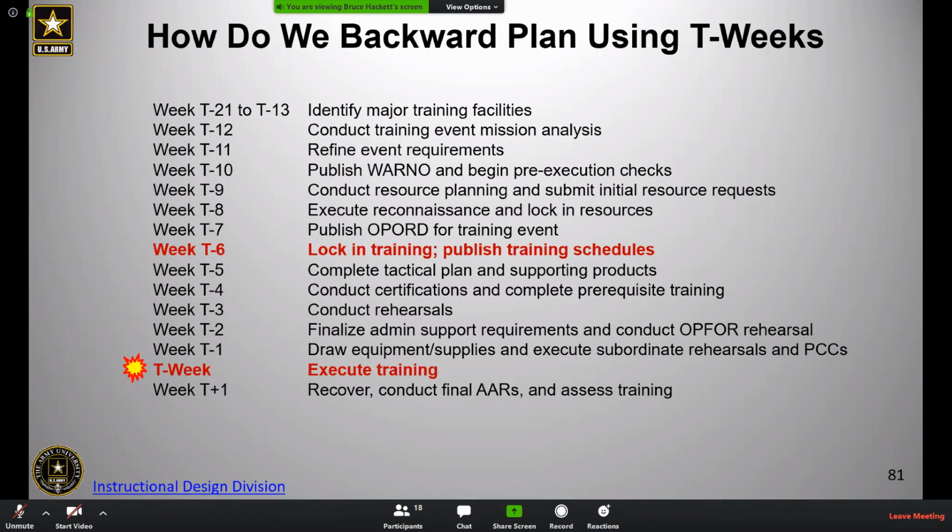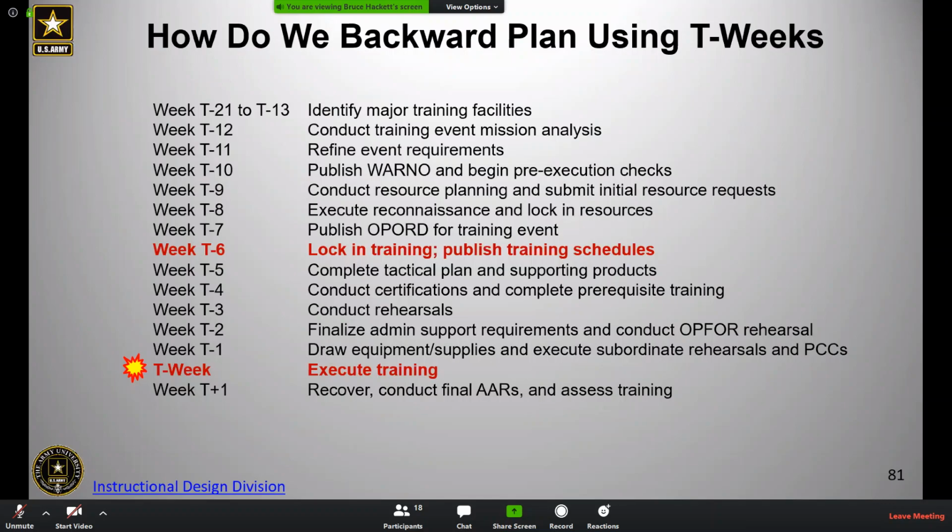This is an example of backward planning using T-weeks. Obviously, T1 to 6, we talked about locking training and publishing the training schedules. And T6 to 13, execution of your training. And this is an example of the T-week structure all the way from T0 to T13, building on each other.